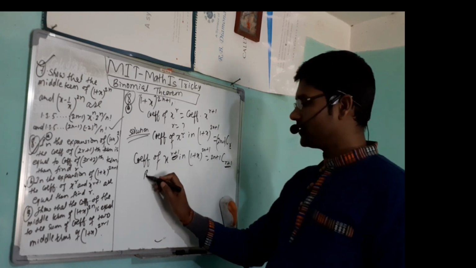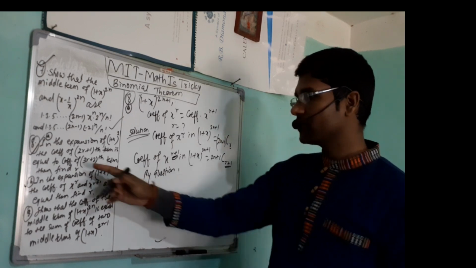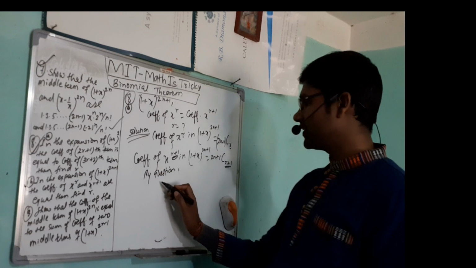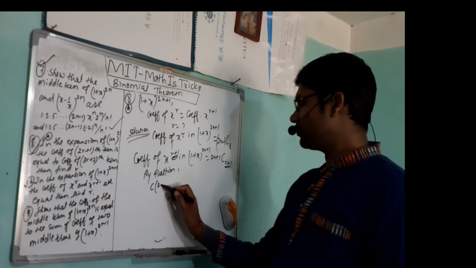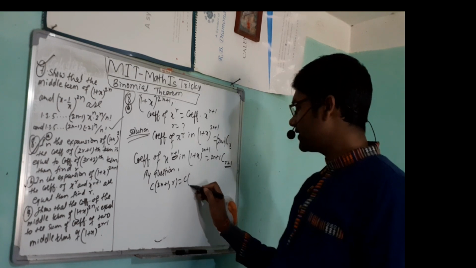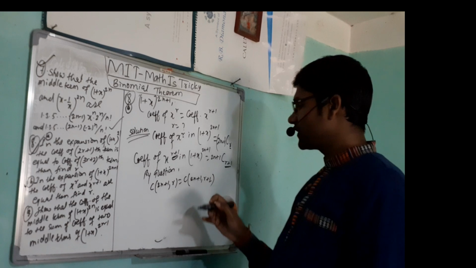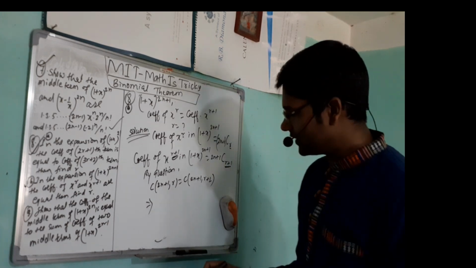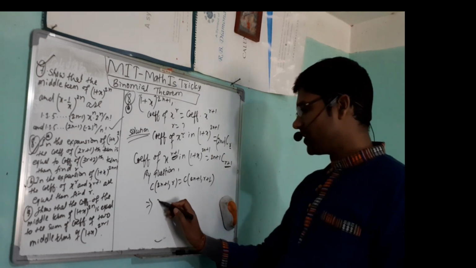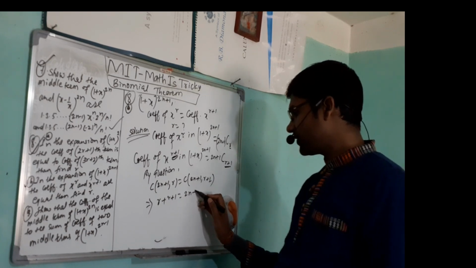Now by the question, these two coefficients are equal, so we can write C(2n+1, r) equals C(2n+1, r+1). As before, we can use the result of combination, that means r plus r plus 1 equals 2n plus 1.